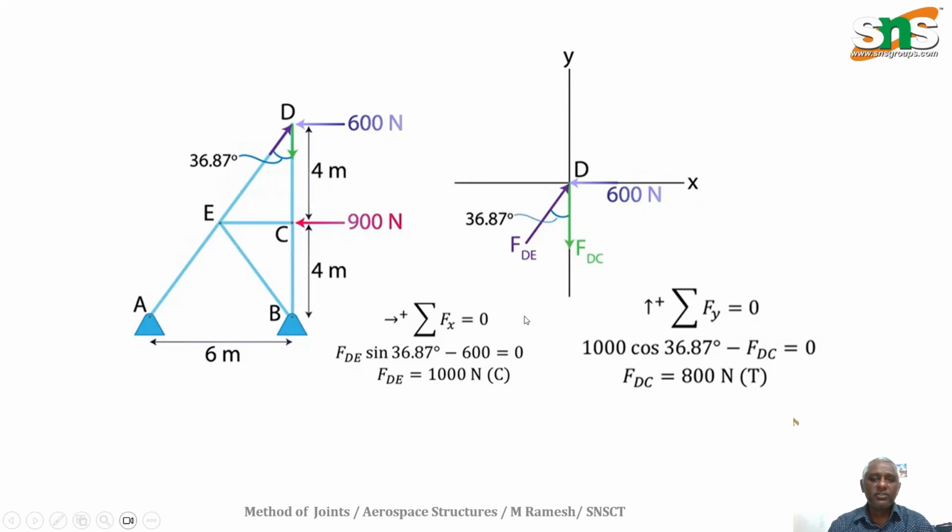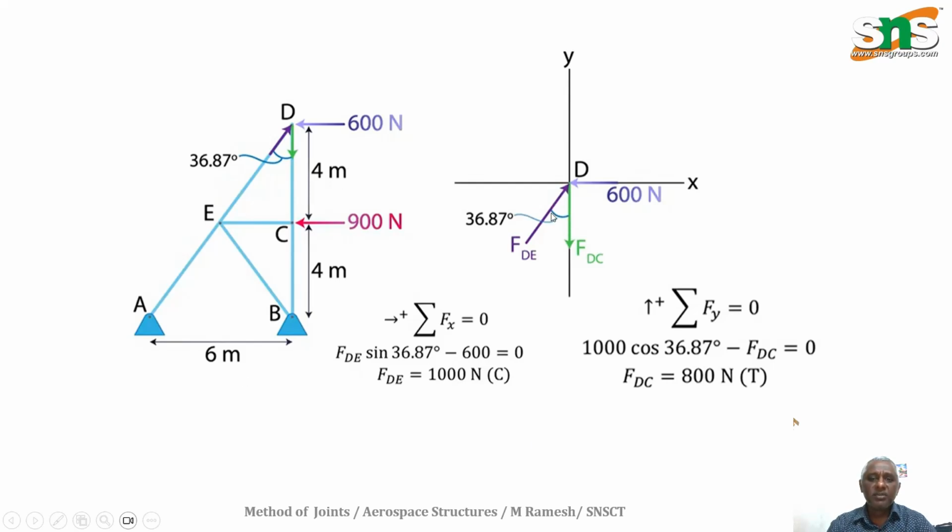This is a known value. So you can use the static equilibrium equations first. Take the sum of all horizontal forces equal to 0, with the sign convention that towards right is positive. So this is 600 towards left, that is minus 600, and DE goes towards the right side. For the horizontal component it is not cos theta but sin theta, because the angle is not with respect to the x-axis, it is with respect to the y-axis, that 36.87.